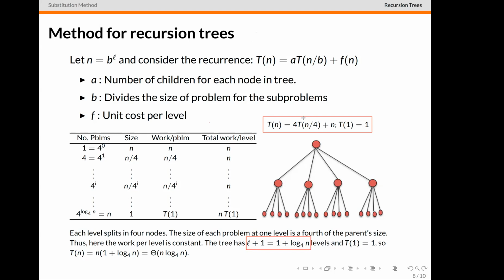So we assume that n is a power of 4. And so we arrive at the final level, which is size 1, when we've done L plus 1 steps. And in this particular case, the total work is, again, a constant. T(1) is equal to 1, so it's always a constant. And so that's when we get, again, that T(n) is equal to n times 1 plus log base 4 of n. So this is a similar problem to the problem of the towers of Hanoi.